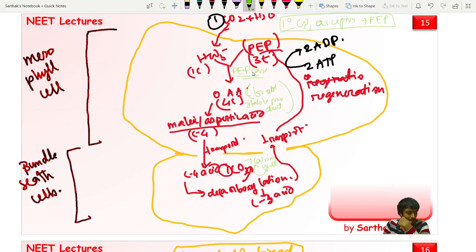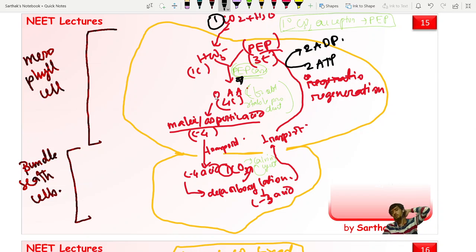The name of the PEPCase is phosphoenol pyruvate carboxylase. The name of the enzyme here is PEPCase. This is important.